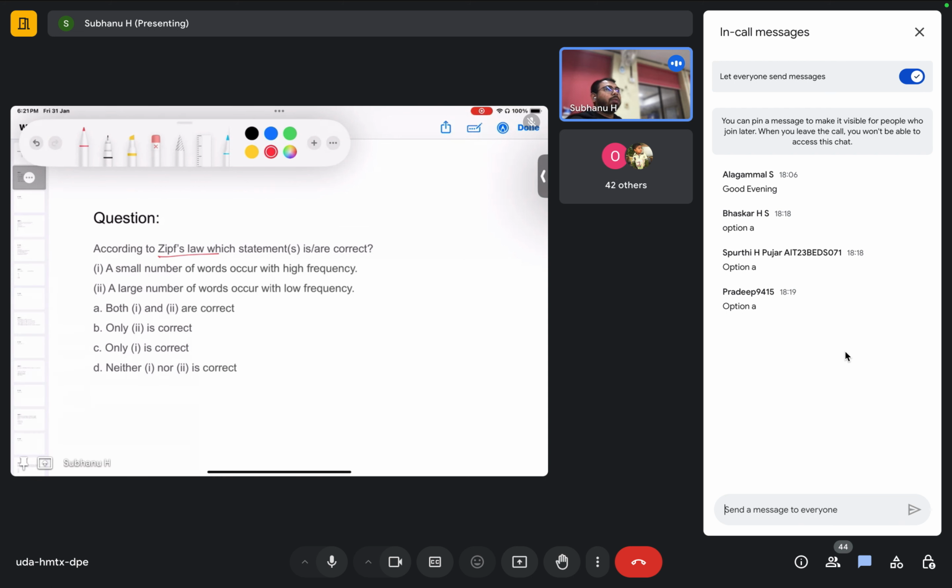The most common word is "the", which you can find in almost every sentence. It appears very often. The second most common word is "of", and the third is "and". That's why Zipf's law says that f is proportional to 1 by r.